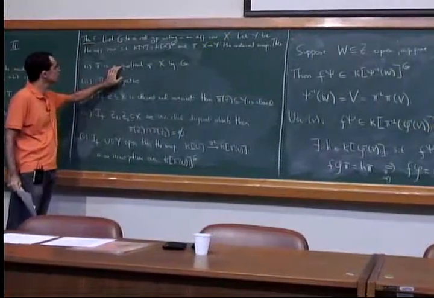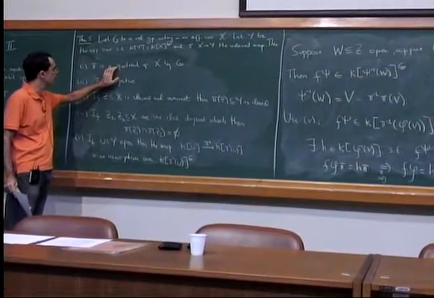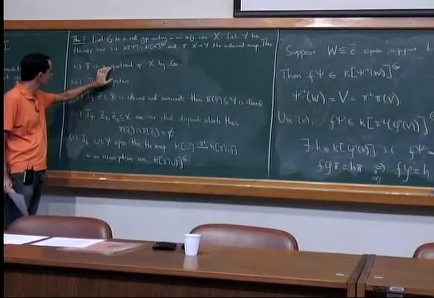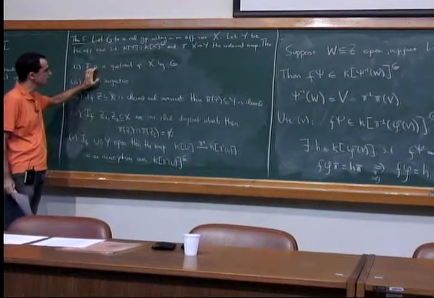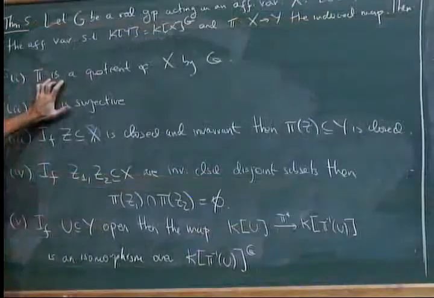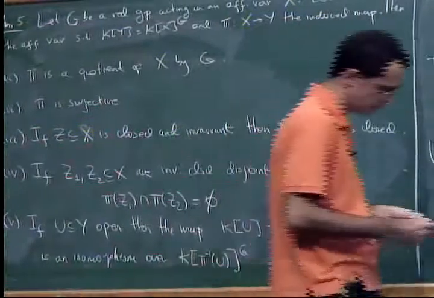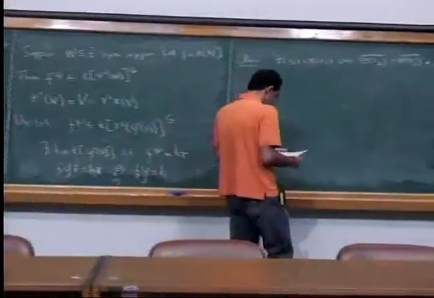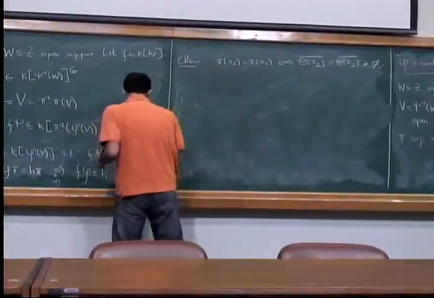That is, the fibers of pi are not necessarily orbits. But they're closures. So let me make a definition.